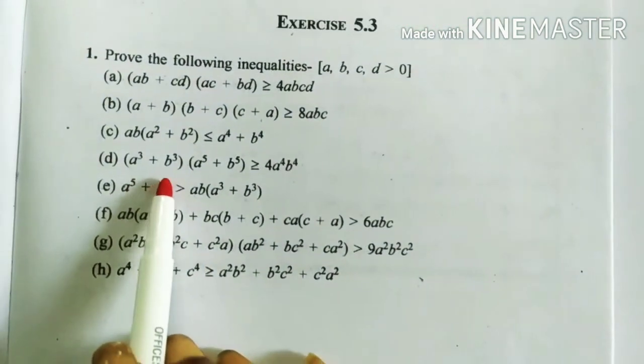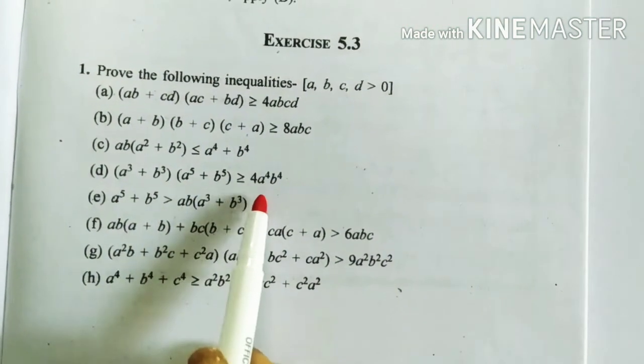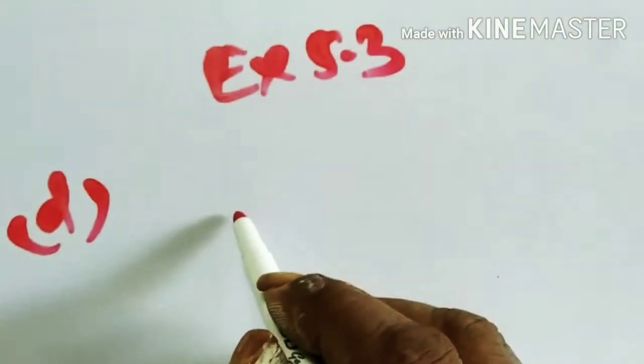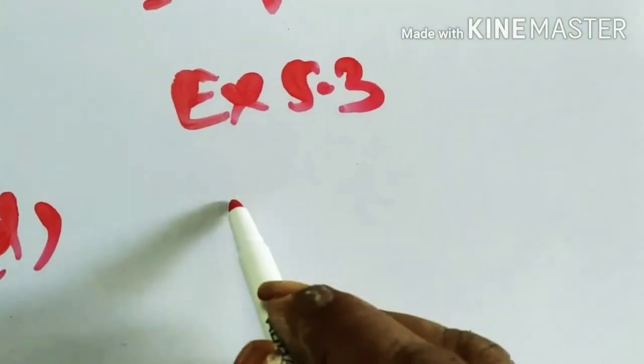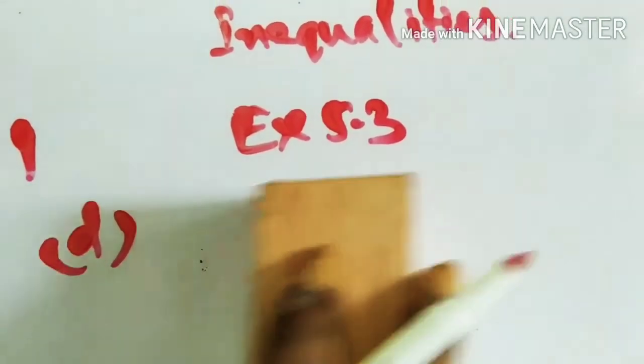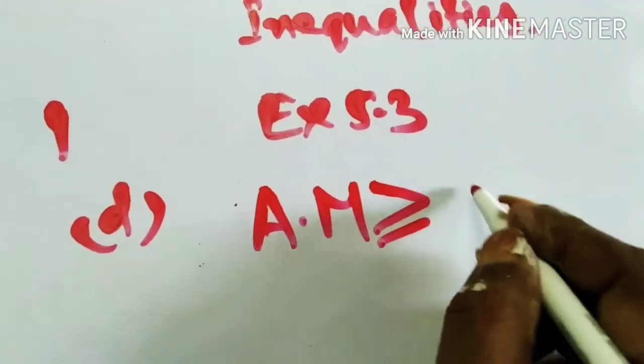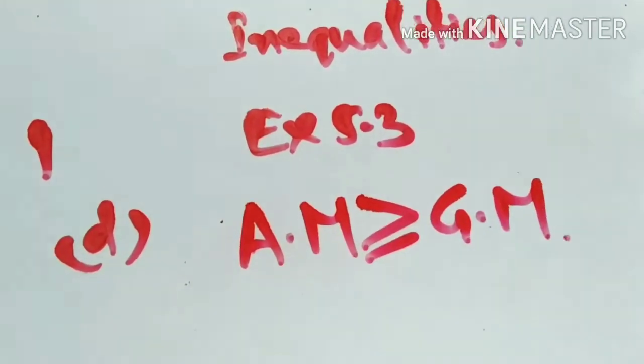Here you see (a³ + b³)(a⁵ + b⁵) greater than a⁴b⁴. So here we will take the theory. It is a simple theory: arithmetic mean is greater than or equal to geometric mean.